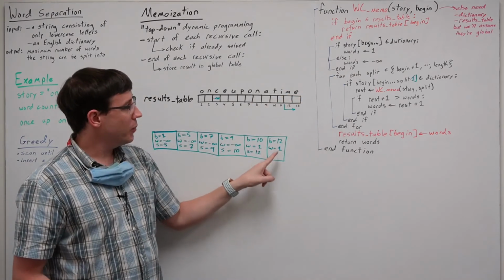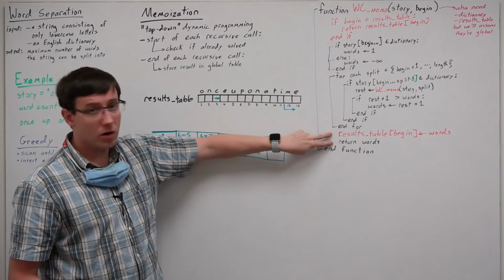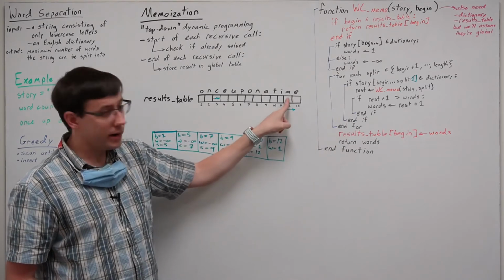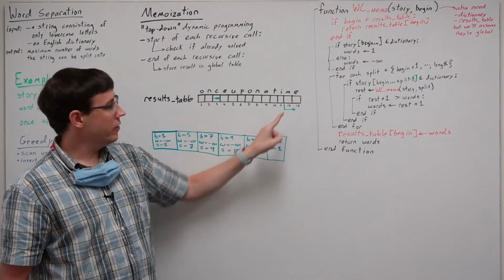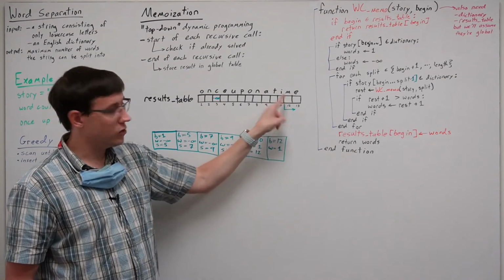So we end up returning that value of 1 and storing it in our results table for the current begin index, which is 12.